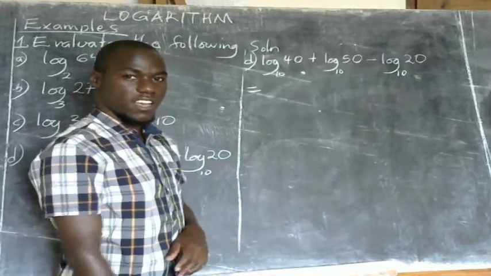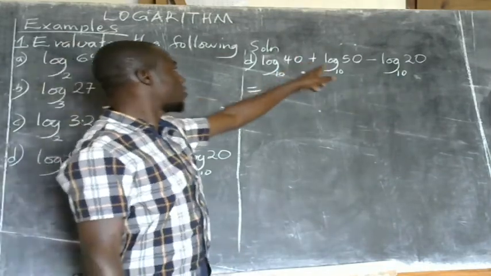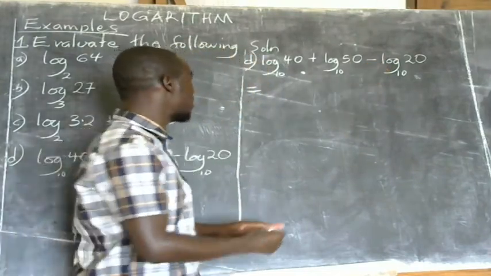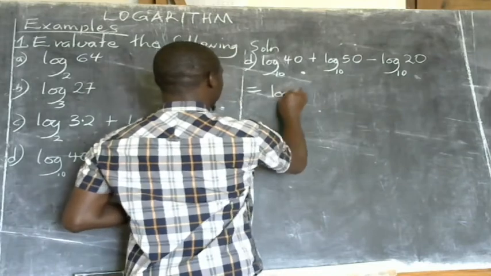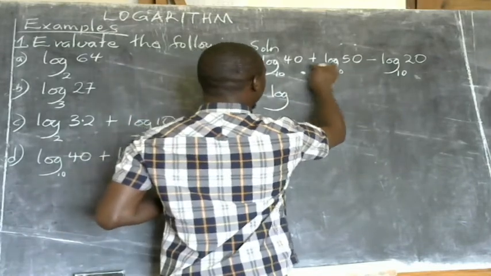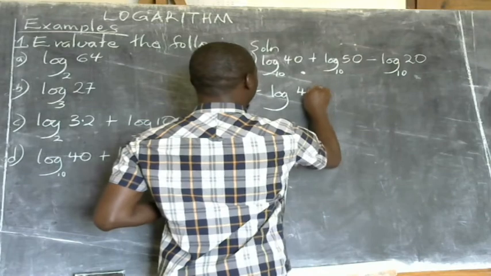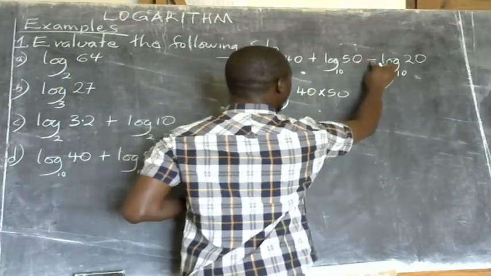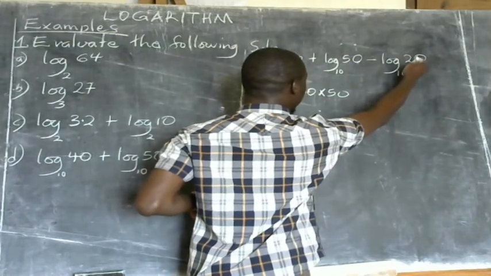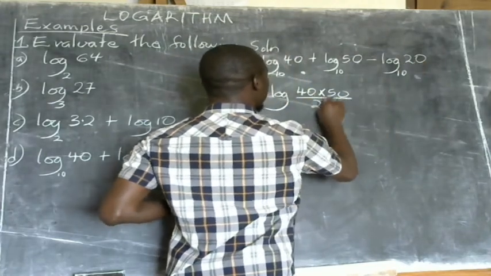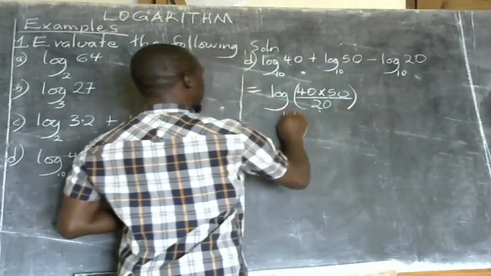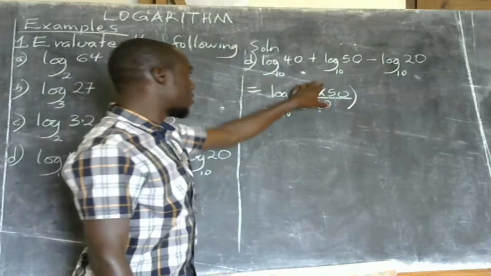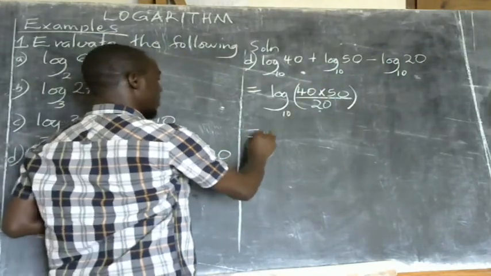Our part D there, we can see some addition, then a subtraction. So what we do is combine them. We say if there is an addition, we multiply those figures there. Then the log that has a minus is going to divide. So I can combine it like that. Then get what is in the bracket there.